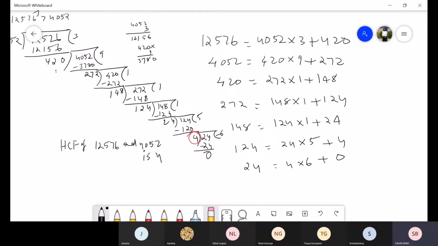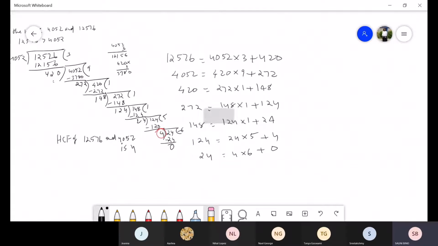So the divisor at the last step, that means where the remainder is 0, is 4. So our HCF is 4.